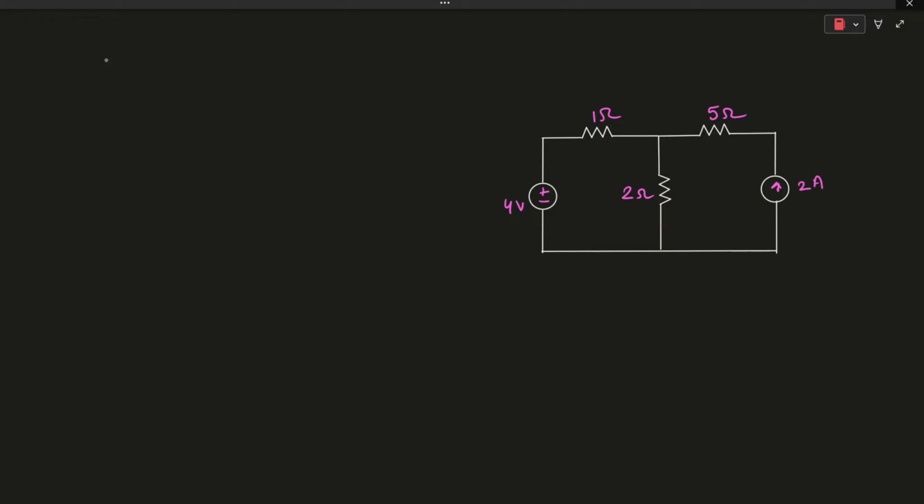The third thing that you need to remember: mesh analysis uses KVL and Ohm's law in order to evaluate the value of the currents which are flowing in the network.